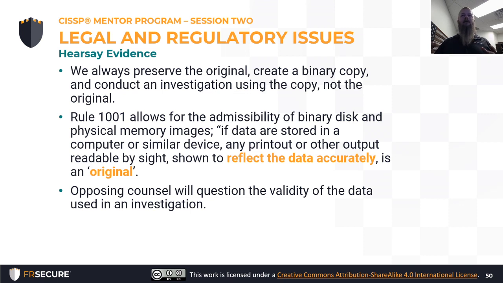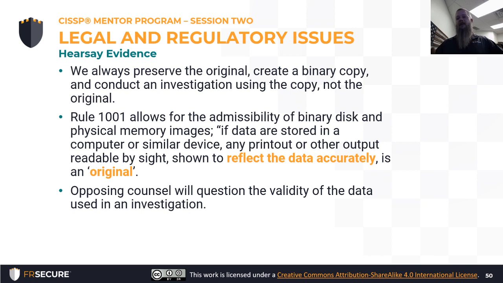There's all types of software to do this, and a lot of it is built in. Rule 1001 allows for the admissibility of the binary disk image if data are stored in a computer or similar device, any printout or other output readable by sight shown to reflect the data accurately. That's the part where a checksum really comes into play.